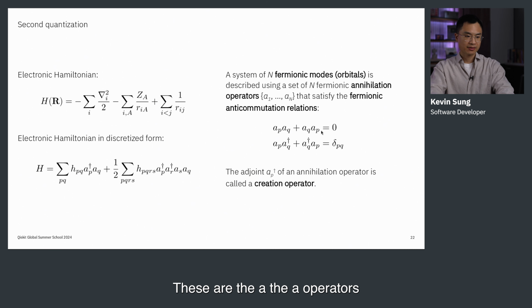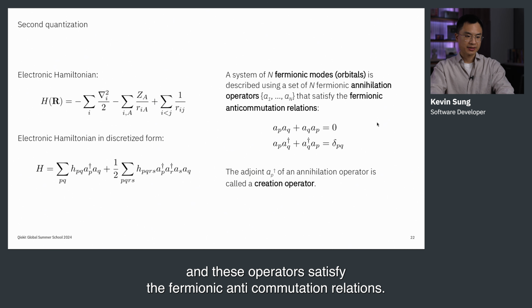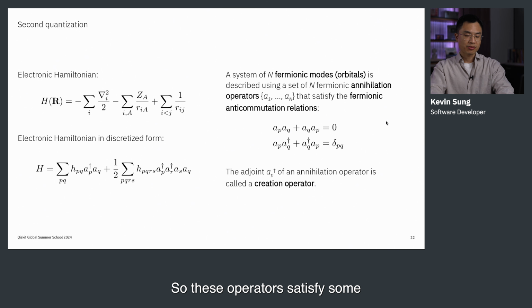These are the a operators, and they satisfy the fermionic anti-commutation relations. So these operators satisfy some equations. And the adjoint, the a dagger, which is the adjoint of an annihilation operator, is a creation operator.